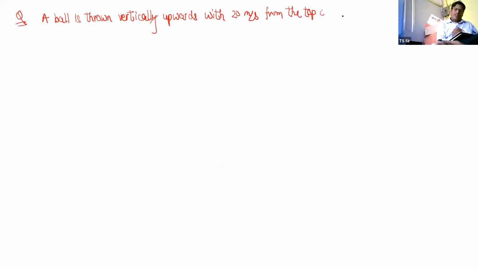A ball is thrown vertically upwards with 20 meter per second from the top of a building of height 40 meter.